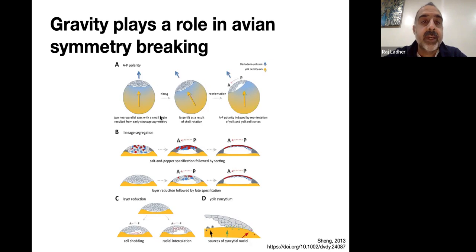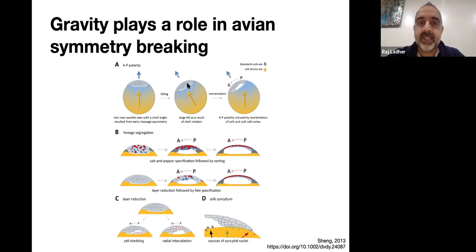For example, in the avian embryo, as the egg passes through the hen, it rotates, and minor tilts in the egg cause different juxtapositions of intra-embryonic components.